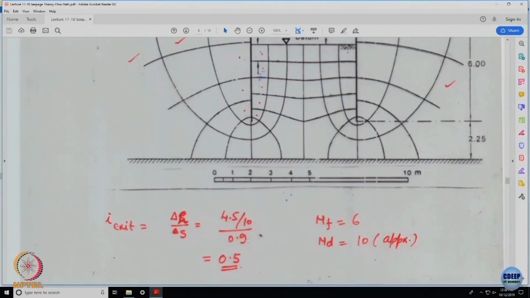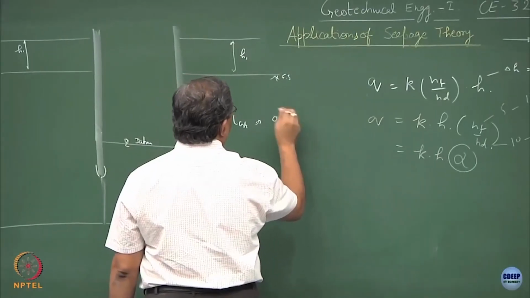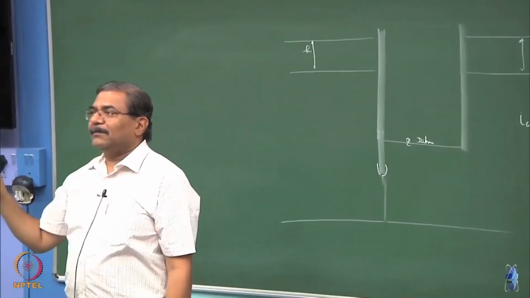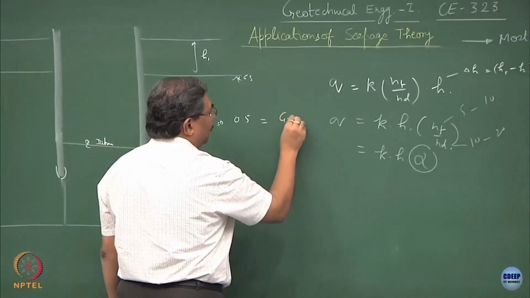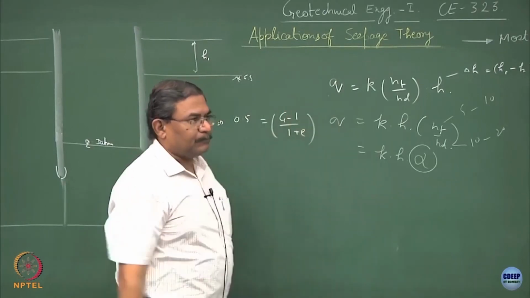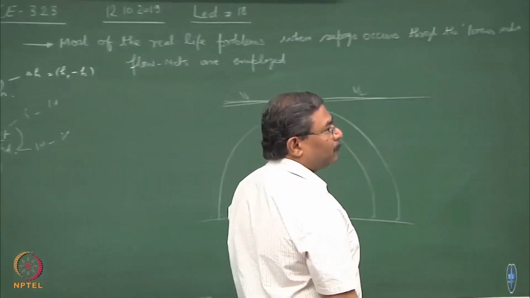Suppose I compute the exit gradient as i critical, this will be equal to 0.5. What should I be doing with this? Now, this is equal to (G minus 1) over (1 plus e). We have proven this when we did the seepage force analysis.